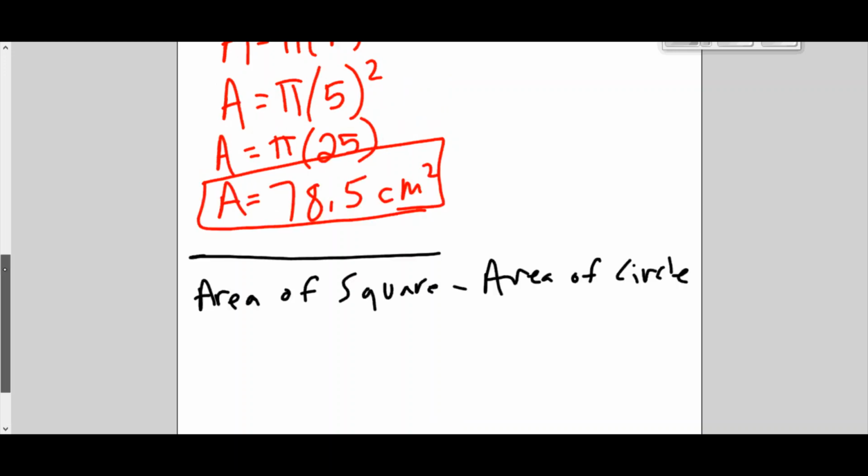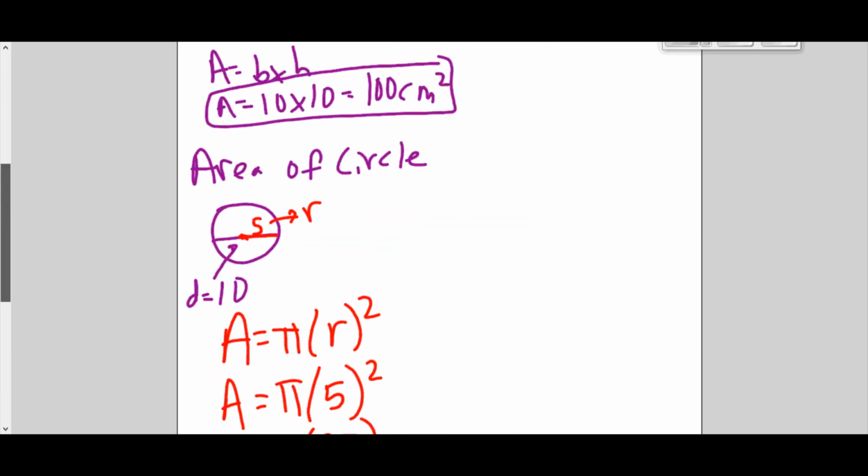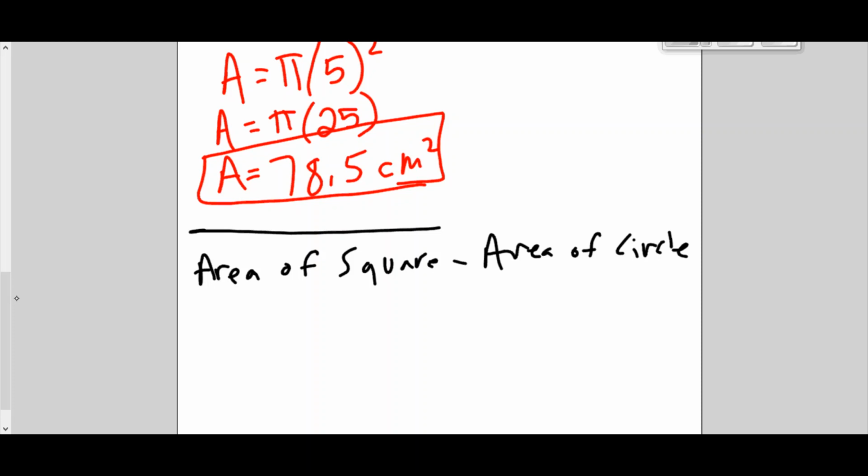So this will be 100 subtract the area of the circle, which is 78.5. So you get, let's include units. So this is centimeters squared, centimeters squared.